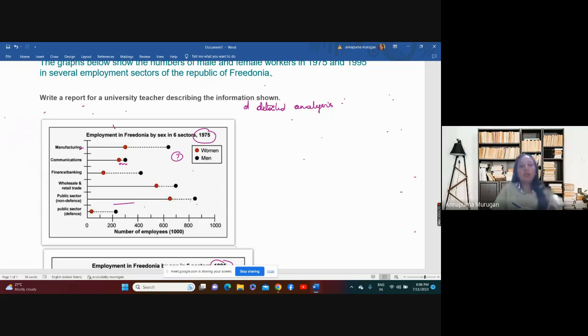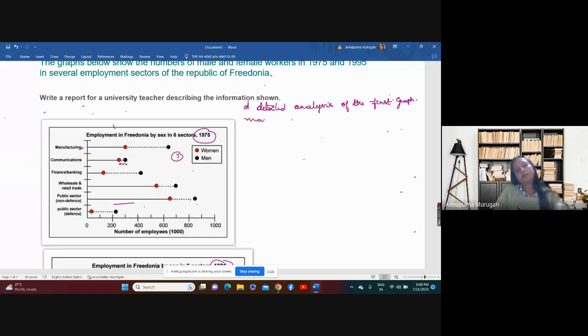Got it? Okay. So now, a detailed analysis of the first graph makes it clear that the number of working males is more than working females in the Republic of Fredonia.